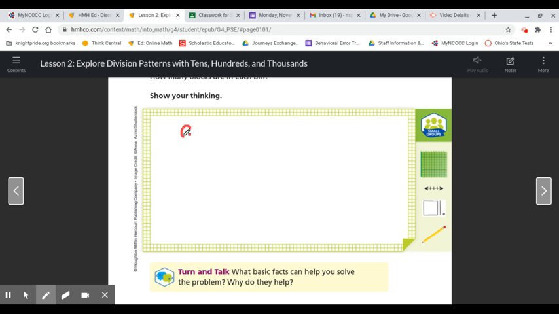So if we know how many blocks there are in total, which is 9,000, and we know that those 9,000 blocks are divided evenly between 3 bins, that means we're going to take that 9,000 and divide it by 3. Ooh, big equal sign there. And that's going to equal our unknown number n that we're trying to solve: 9,000 divided by 3 equals n.